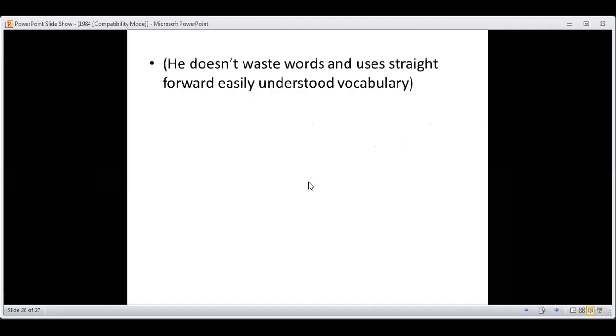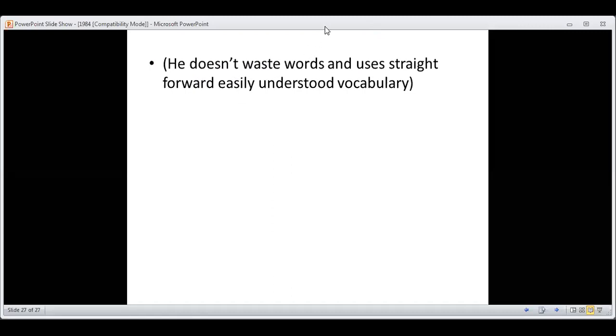What is the second thing regarding the simple presentation? He doesn't waste words. He uses every word in its own place.